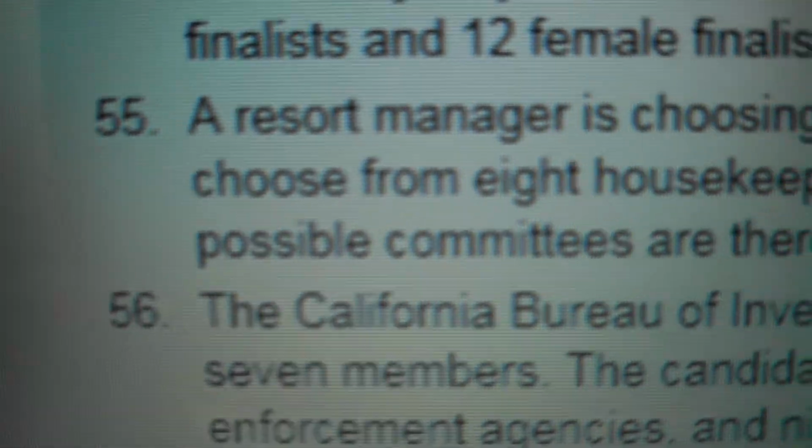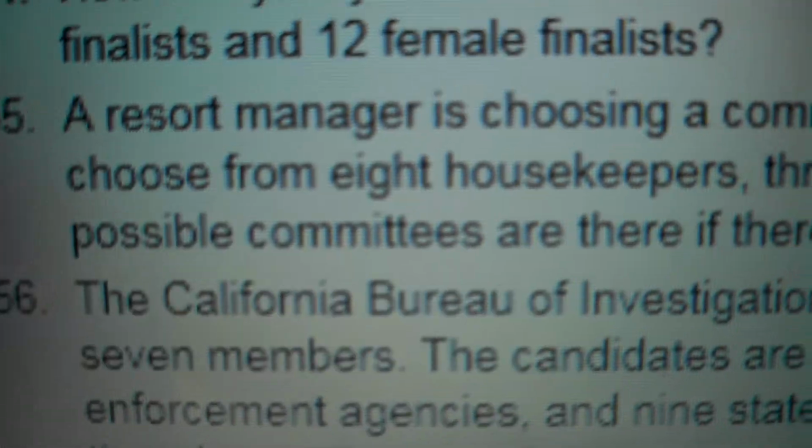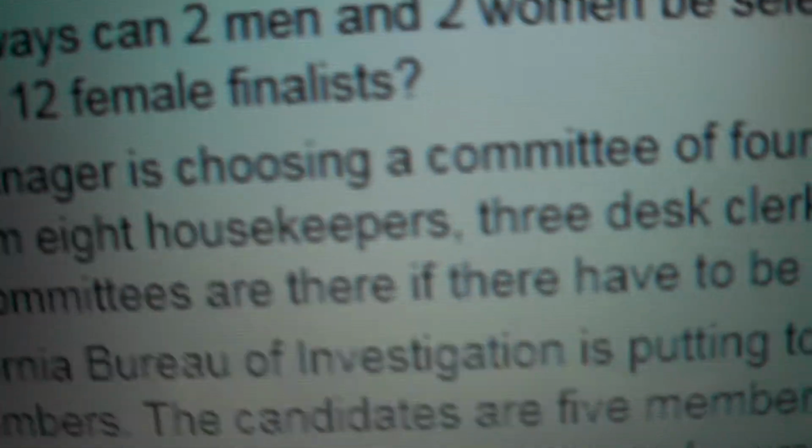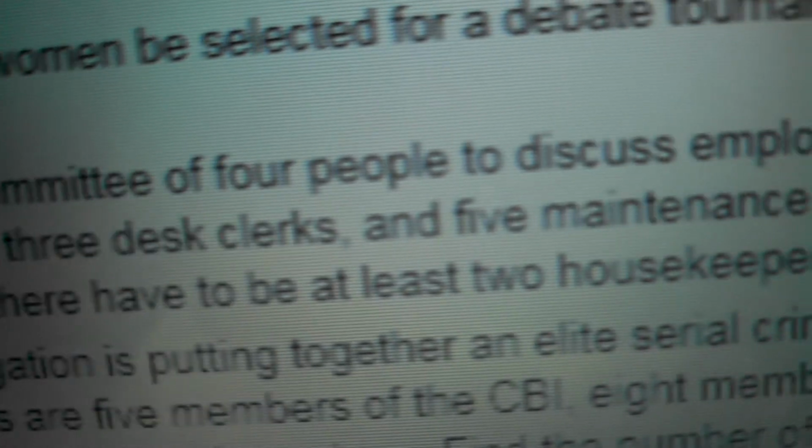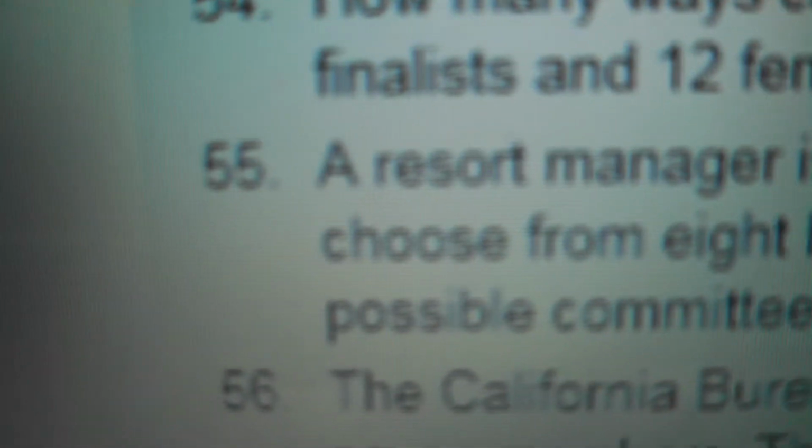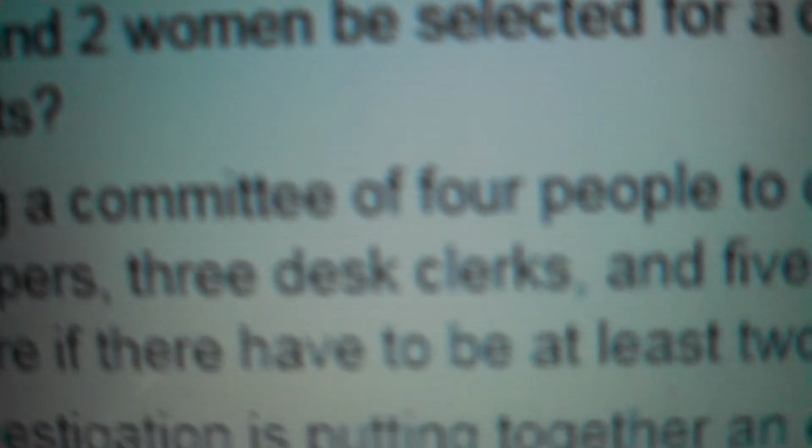Okay, problem number 55. A resort manager is choosing a committee of 4 people to discuss employment issues. He'll choose from 8 housekeepers, 3 desk clerks, and 5 maintenance workers.